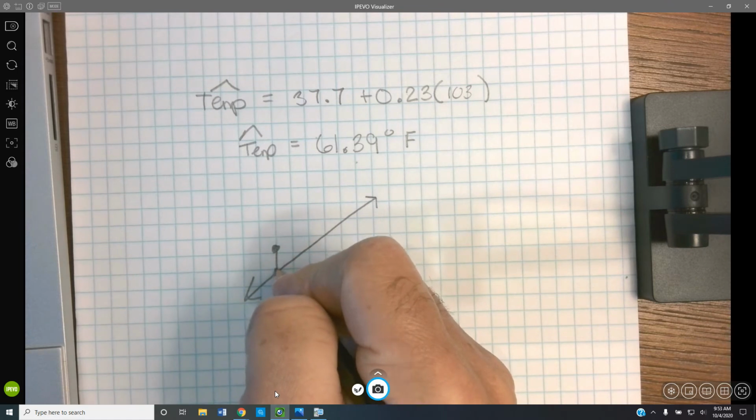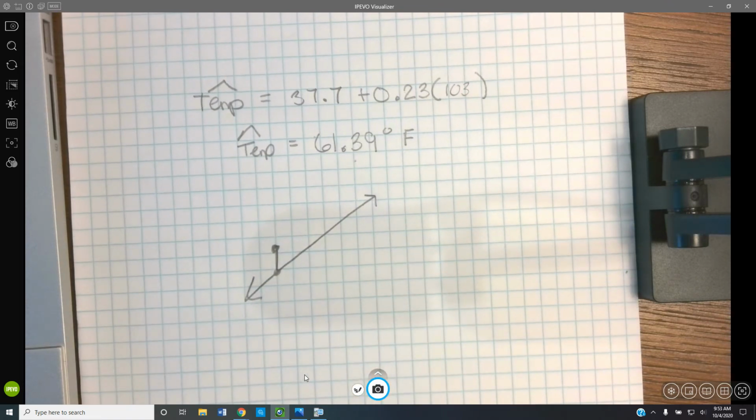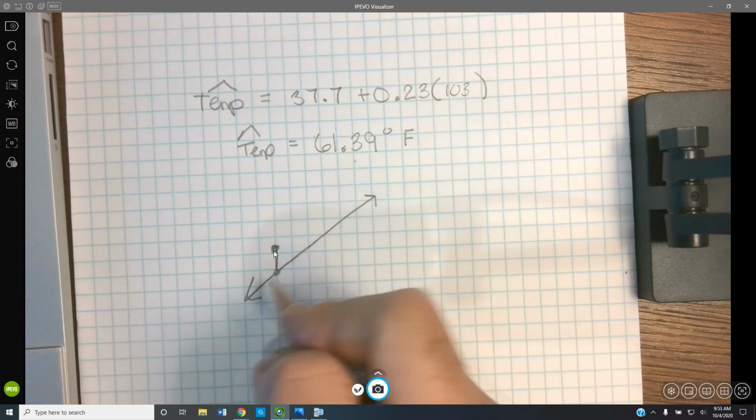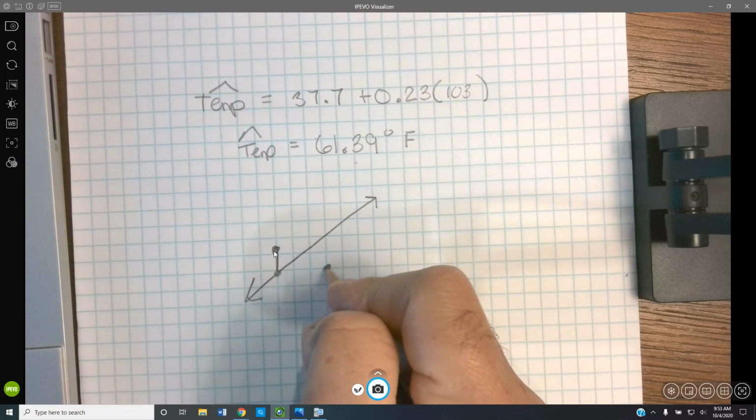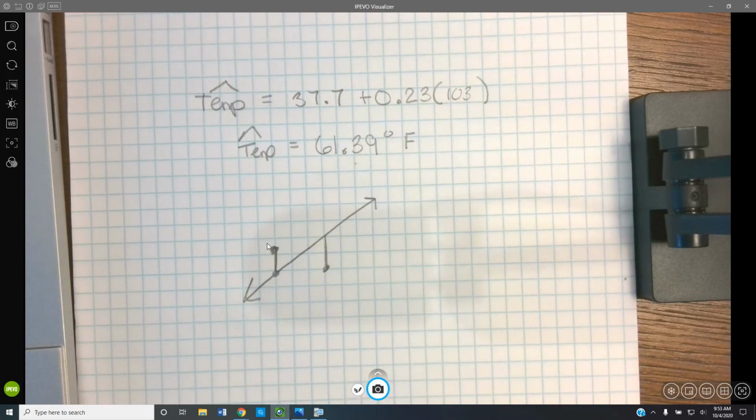The difference between these two things is what we're talking about. In a vertical fashion, how far away did we miss by? Did we miss by a number that was above, or below? They can be either one, above or below.